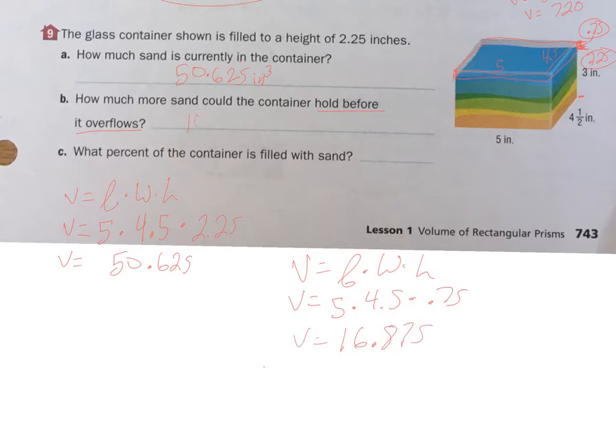Volume equals 16.875, and that is inches, and it's cubed because it's how much more I could hold. Now, if I would add this number to this number, those two numbers would get me how much the whole thing could hold. Okay, that's what it is holding. This is what more it could.